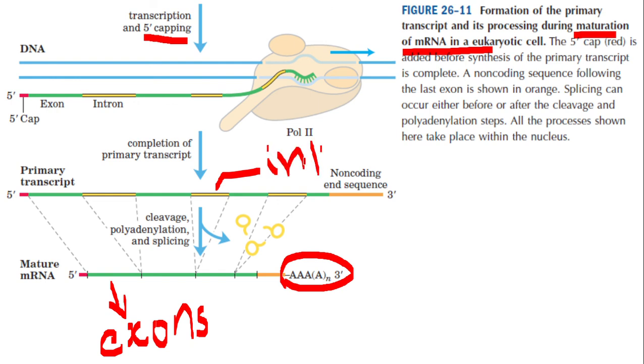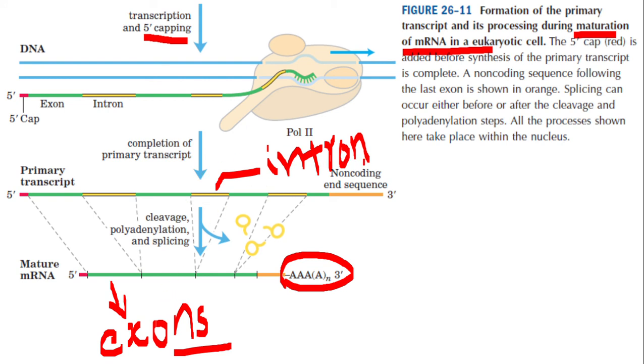Where are these exons and introns present? They are present on the mRNA. They are formed during transcription. And exons are separated by introns. What are exons? Exons are the regions which are finally present in the mRNA which result in the synthesis of proteins. So they are required. Then what are introns? They are intervening sequences. They are not required in the final mRNA.